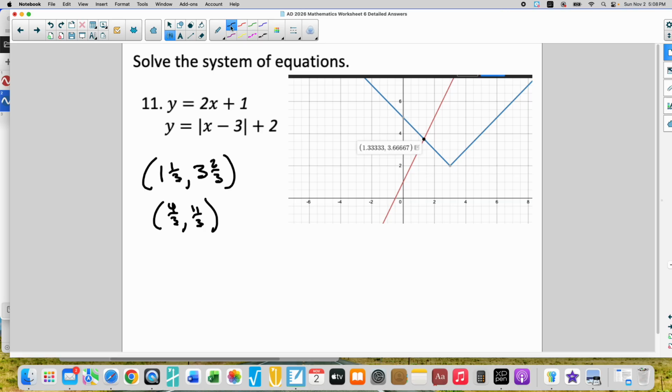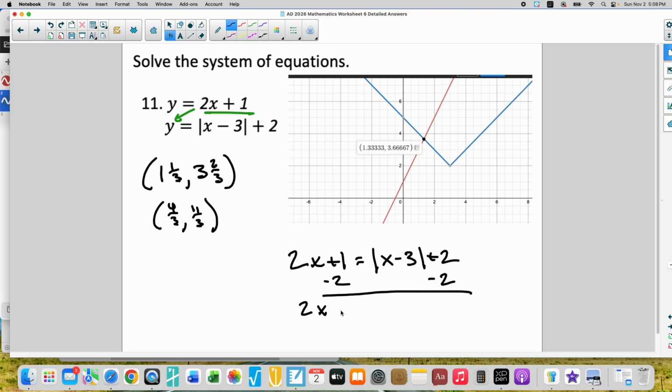If we use substitution, let's substitute this in for y. So we'll substitute it in for y there. So you get 2x plus 1 equals the absolute value of x minus 3, plus 2. And we can subtract 2.